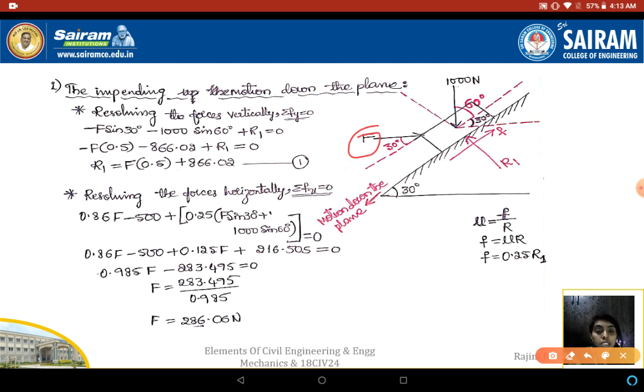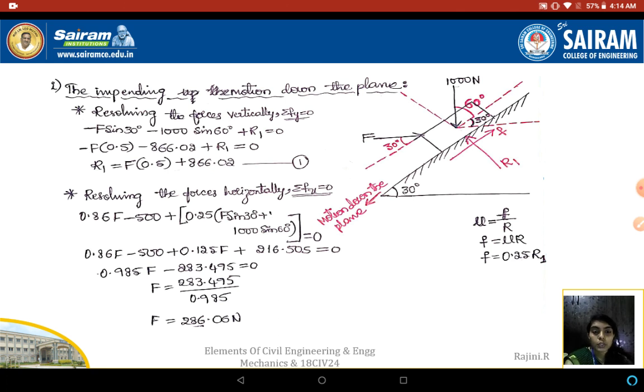Next, minus 500, that is 1000 sine 30. If you resolve this, it will be coming leftwards, so I'm directly taking 500. Plus, friction, 0.25 into R1, that is 0.25 into F sine 30 degrees plus 1000 sine 60 degrees.